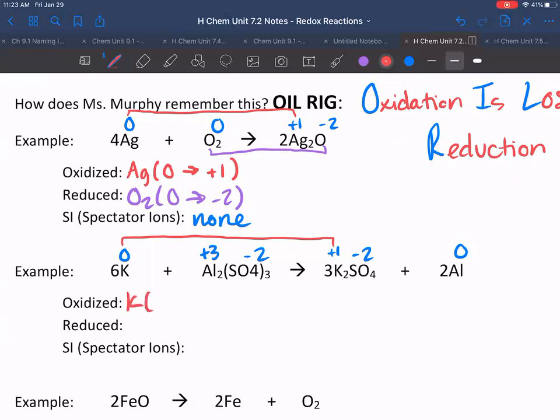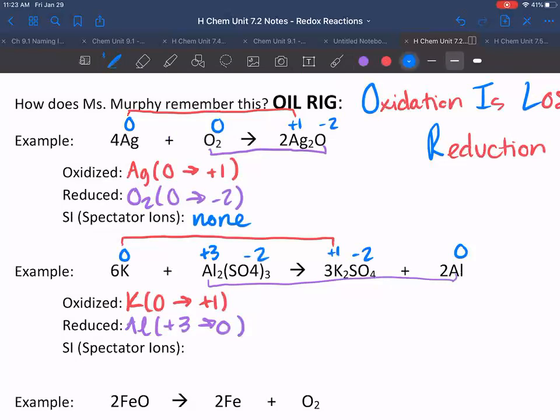So potassium is the oxidized species going from 0 to +1. And then if we look at aluminum, it goes from +3 to 0. So it's getting more negative, being reduced. So aluminum is our reduced species going from +3 to 0.